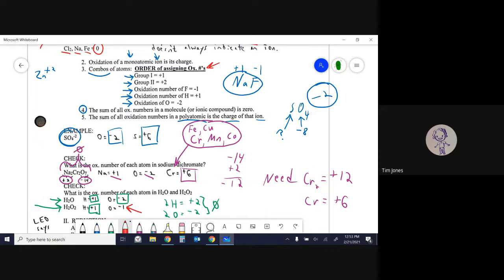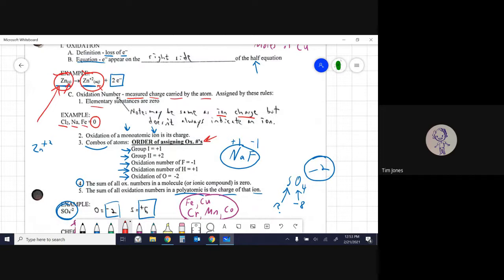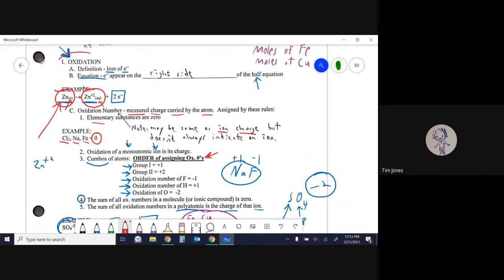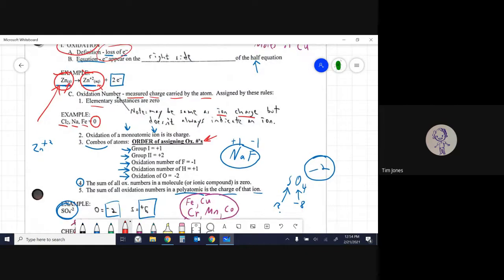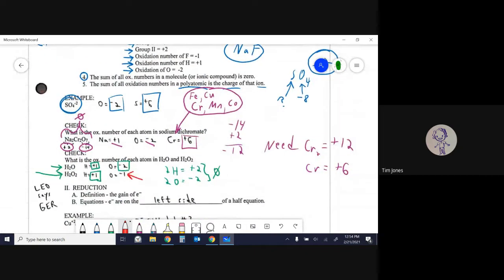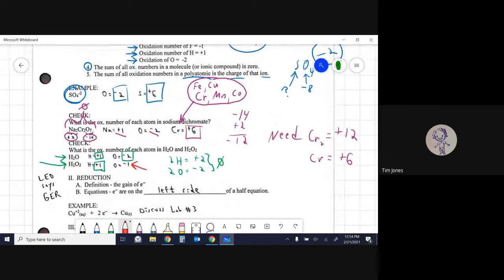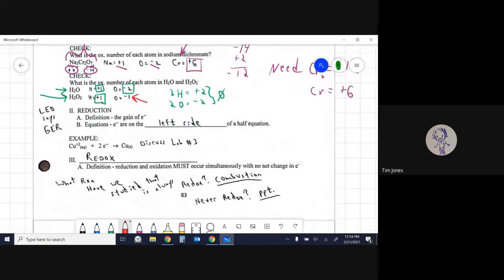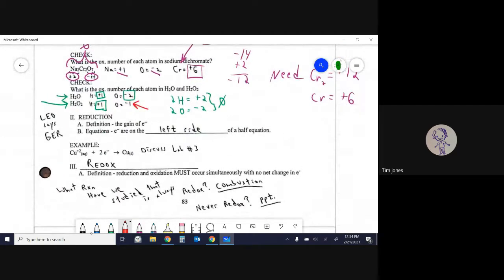Now we have to look at the opposite direction. We did oxidation, which is the loss of electrons. Now we got to look at its other half, which is gaining electrons. And this is called reduction.